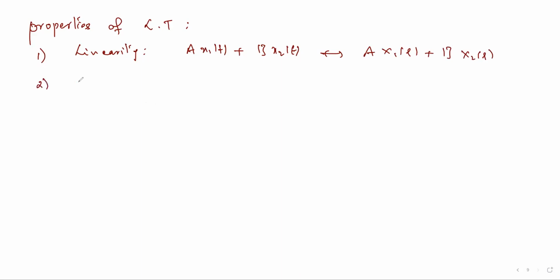Next, time shifting property. x of t minus t naught: one side shifting, other side exponential multiplication. So X of s e to the power of minus s t naught. If it is plus, that is plus. Time shifting always has the same signature, whatever the transform it may be. So shifting in S domain.